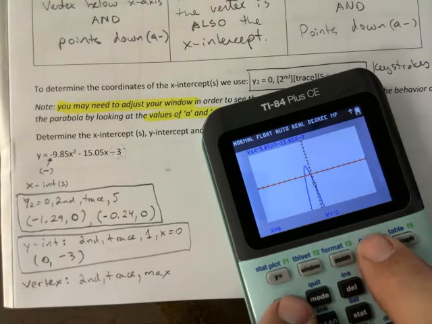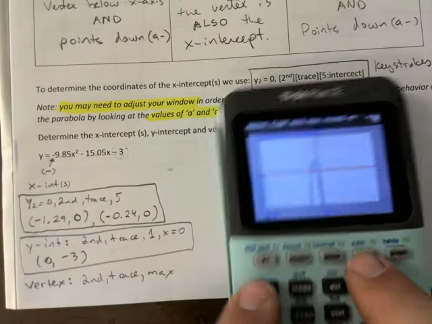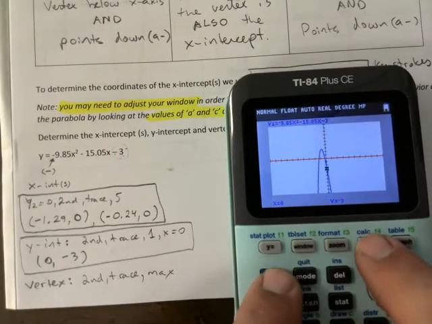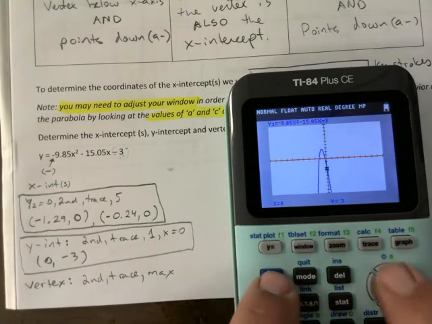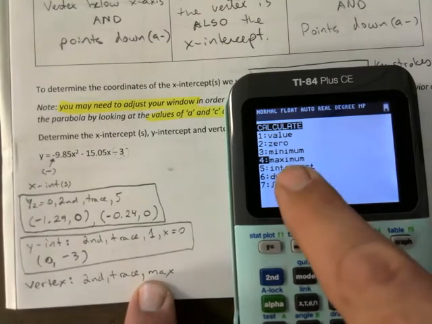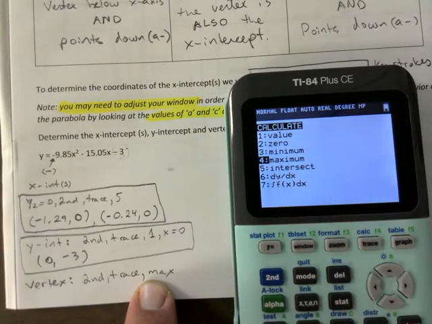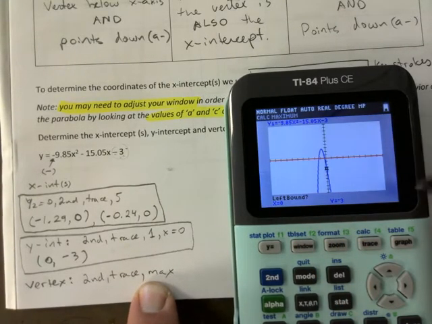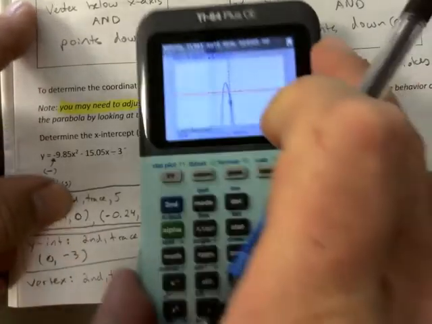So there's a lot of things to check here that you know you're doing things right. So follow me. This one is a little bit more complicated. Second trace, and we're going to use maximum, right? Hit enter. Careful here, okay? Make sure you watch. I'm going to zoom into this.